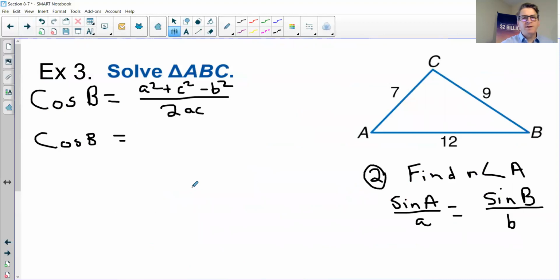So the last example today is example 3. We're going to solve this triangle here. We have A, B, C with sides 9, 7, and 12.